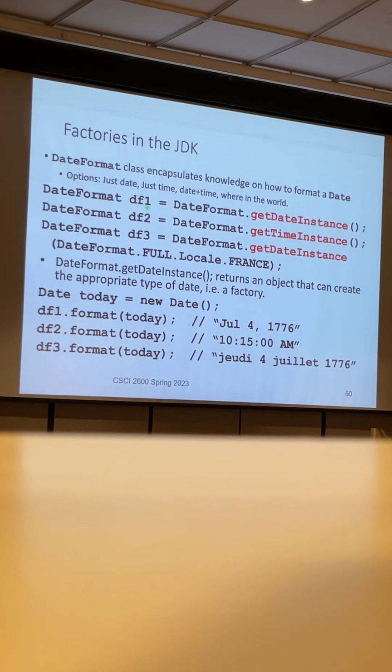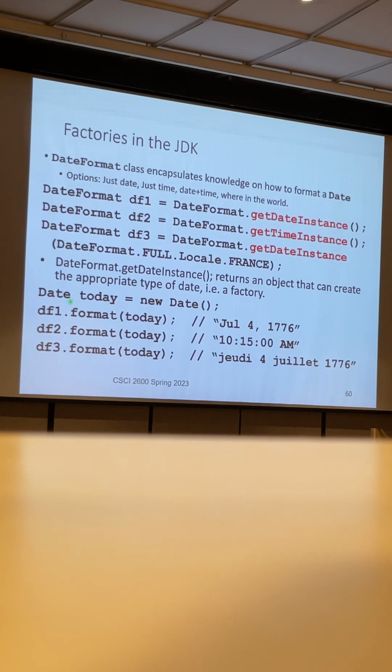So df1, df2, df3 have the same compile time type, but they are going to have different runtime types, because they are all going to have different objects, not just distinct objects, but different objects by type.